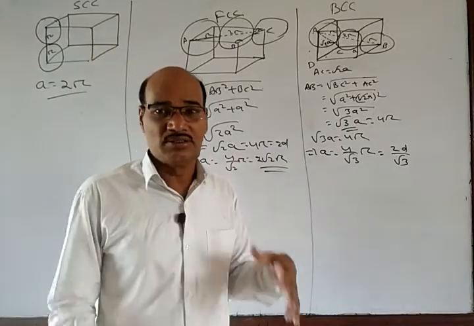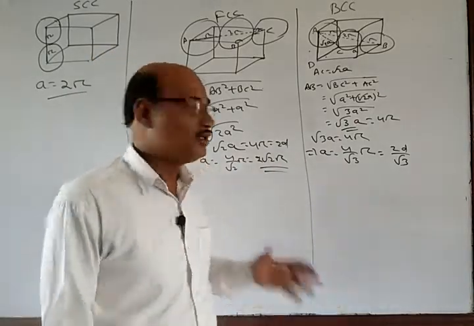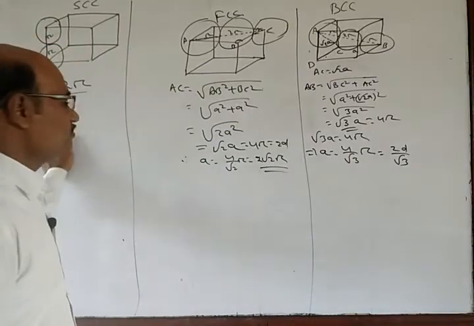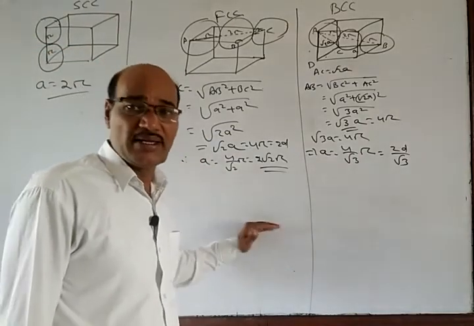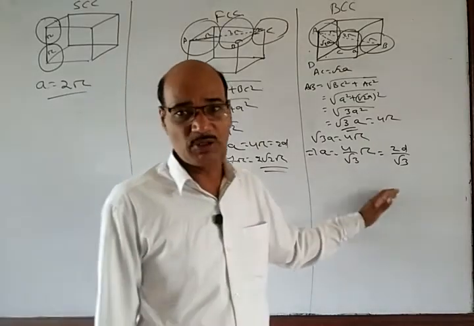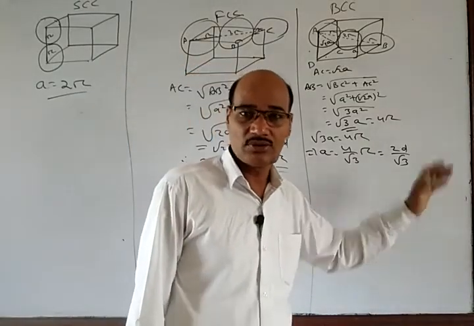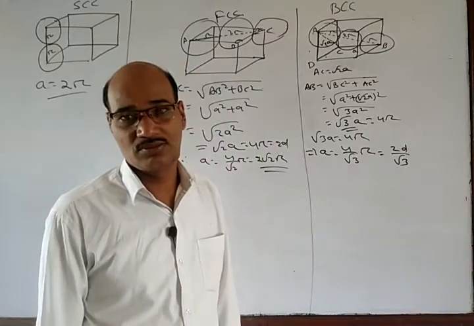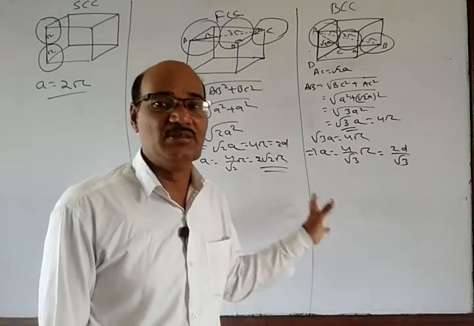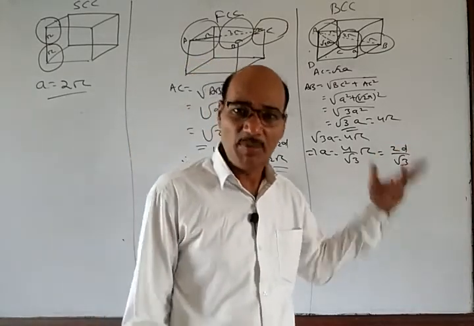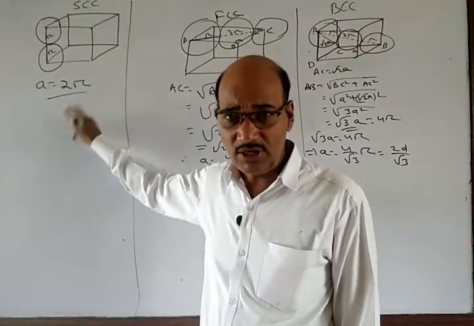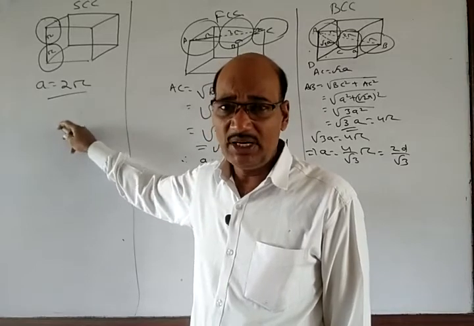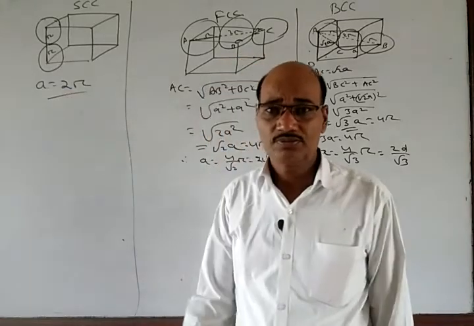So the relative occupancy will be 4 by 3 pi r cubed by a cubed here, here 4 into 4 by 3 pi r cubed by a cubed, here 2 into 4 by 3 pi r cubed by a cubed. Accordingly, we will get different space occupied by the atoms. Obviously, here the volume occupied will be more, the relative occupancy will be more here.